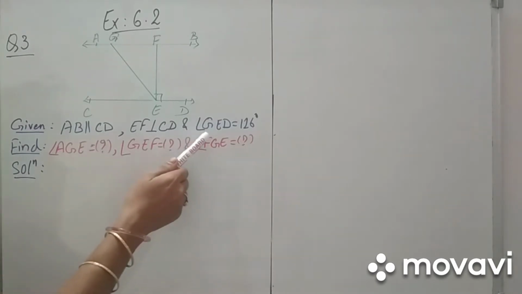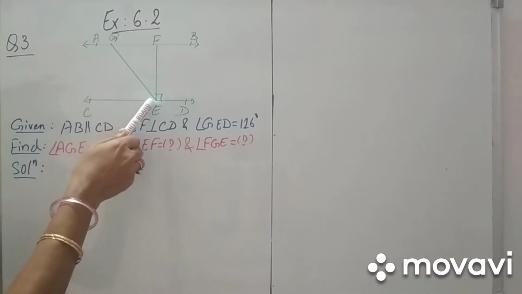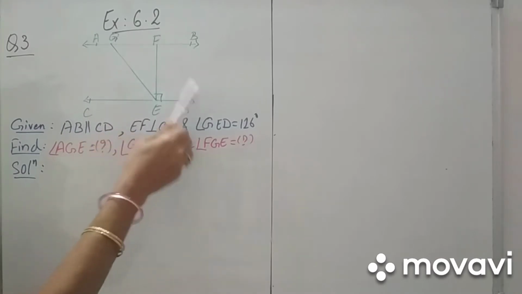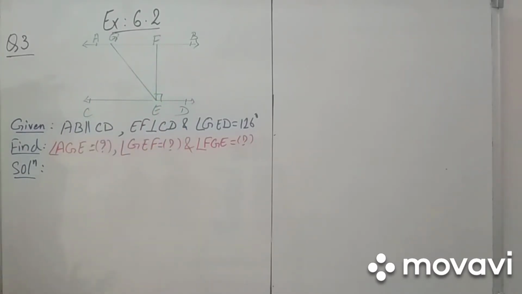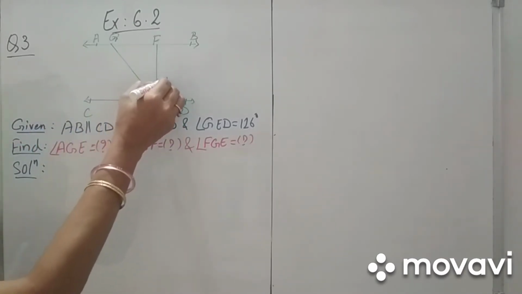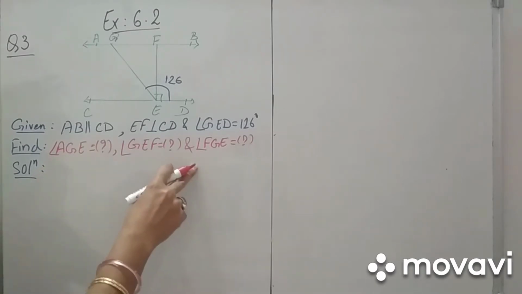Now, secondly, what is given to us? Angle GED is equal to 126. GED means this whole angle, which you can see in blue color, 126 degrees. Now, I am marking in red color the angles which you have to find out, so that you can start working on it.